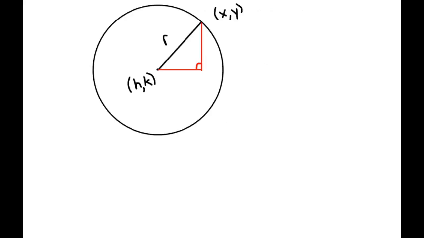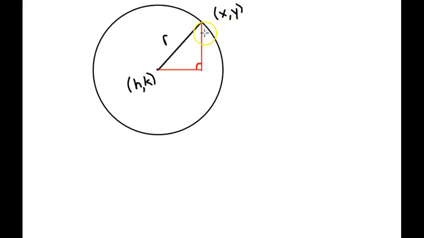Suppose we have a basic circle. Our center is the ordered pair (h, k). We have the radius of the circle, which is r, and then we just have some arbitrary point on the circle, (x, y). We can construct a right triangle representing the y distance and the x distance.